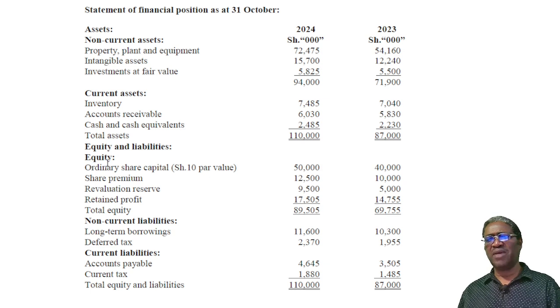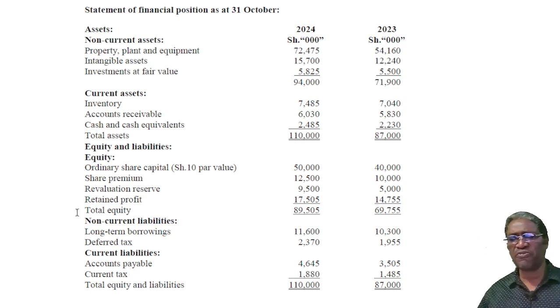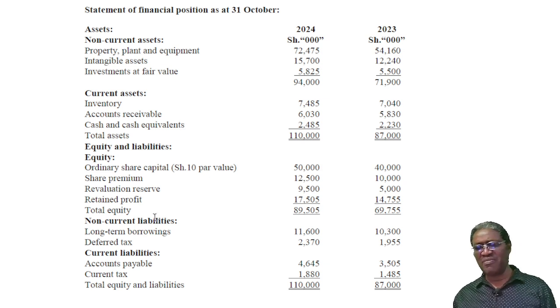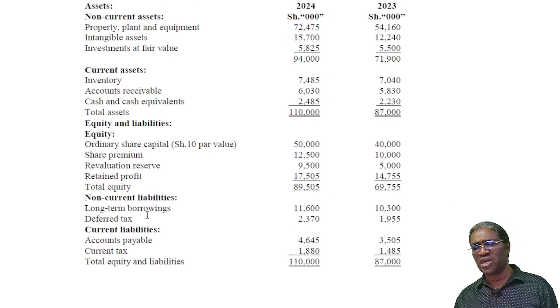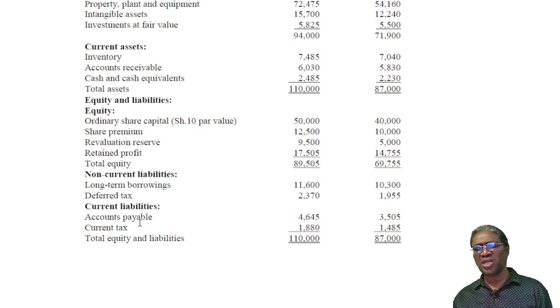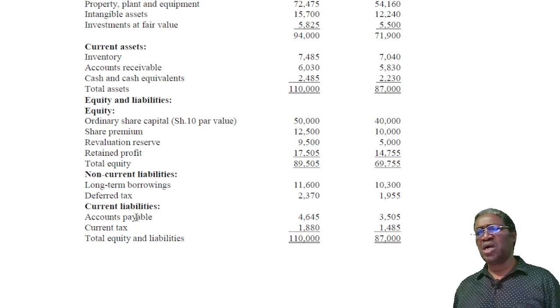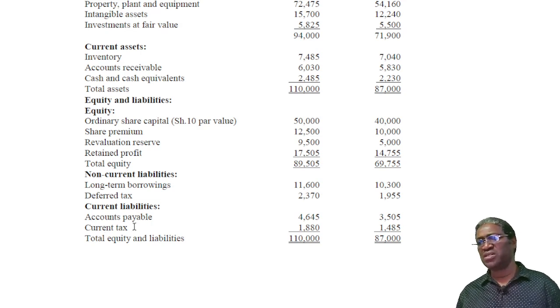Then you are given, among the equities, ordinary share capital of 10 par value, share premium, revaluation reserve, retained profit. Among the non-current liabilities, you have the long-term borrowing and deferred tax. Among the current liabilities, you have accounts payable and current tax.